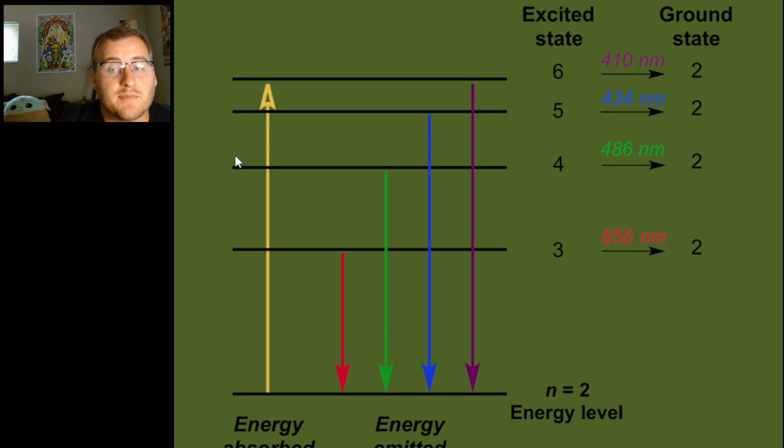Now, it has to be a very specific wavelength because this electron can never exist in between these energy levels. It's a quantum value, meaning it only exists at discrete energy levels. You can never have an electron at the 2.5 state or the 3.1 state or the 5.0001 state. It has to be exactly on these levels.